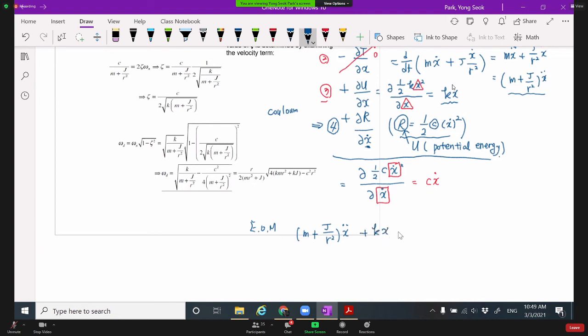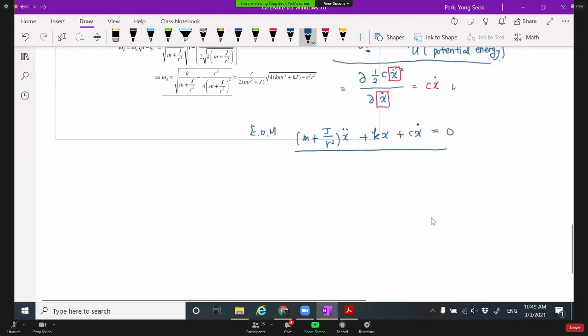We have a fourth term. And do we have a forcing function or not? No. That's why we're gonna call this what? Homogeneous equation. This is the equation of motion, right?